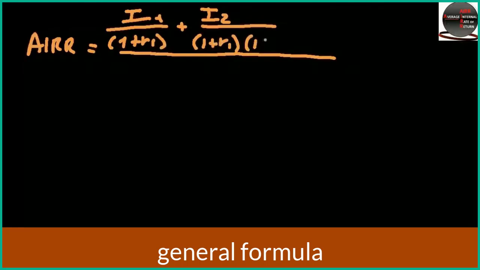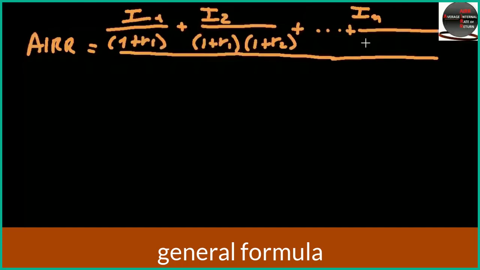So first income discounted by 1 period, second income discounted by 2 periods, 1 plus the first cost of capital times 1 plus the second cost of capital, and so on until the last income is generated, I of n, which is discounted by n periods with the n cost of capital.